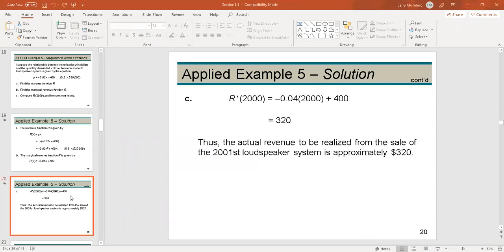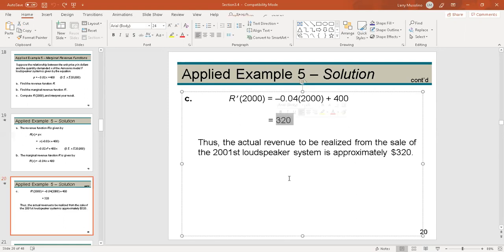Really what that's saying is what's the marginal revenue when I'm selling 2000 units? Well, if you replace X with 2000, you end up with the answer 320. So when you go to sell the 2000th loudspeaker, you're going to get an additional revenue of $320.